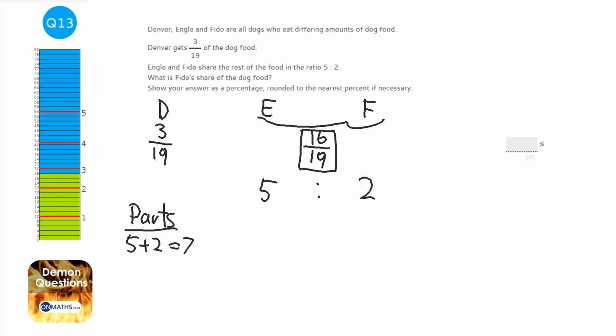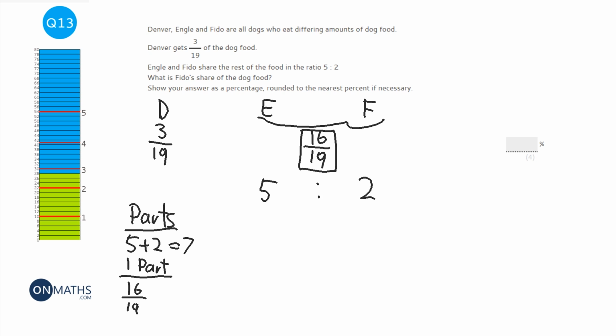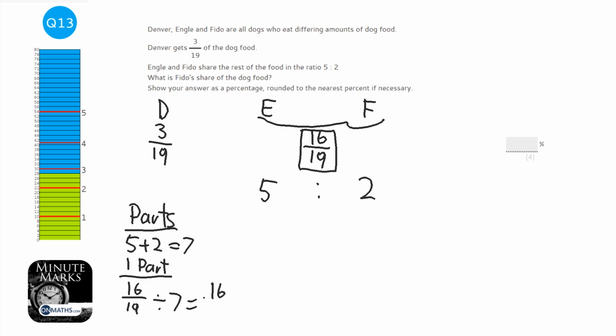So there's 7 parts altogether. And each part, so one part, is going to be worth, well, as a fraction, it's 16/19 divided by 7. So 16/19 on the calculator divided by 7, which gives us 16/133. So that's the fraction of each part.